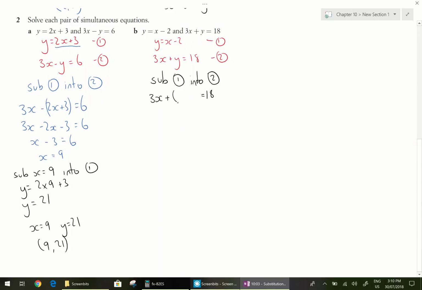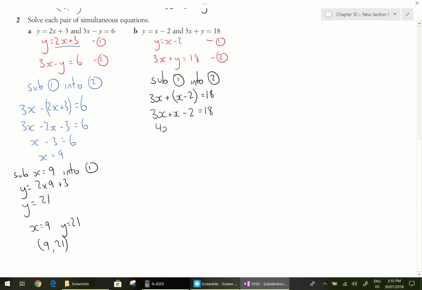So always put it in brackets just in case you need to change any signs across. But because it's positive, the signs will stay the same.